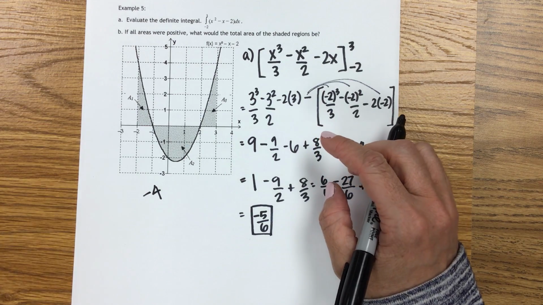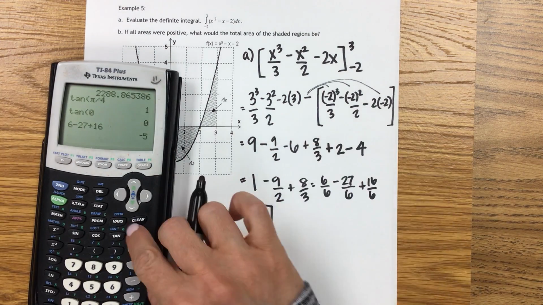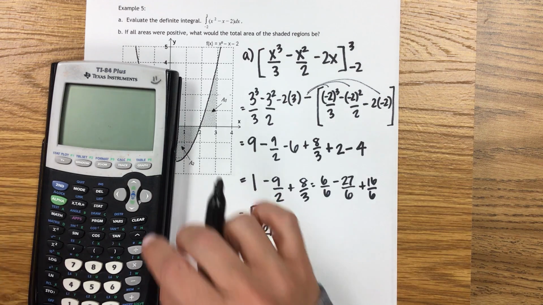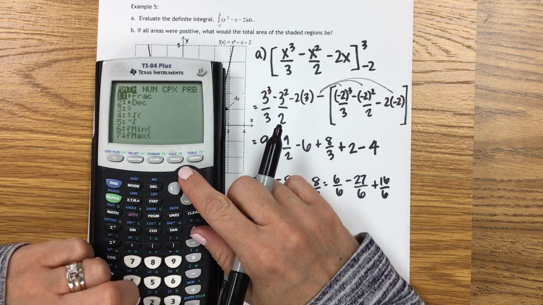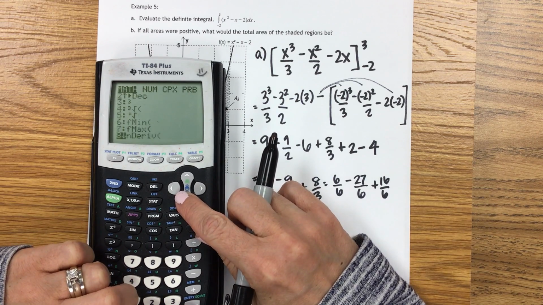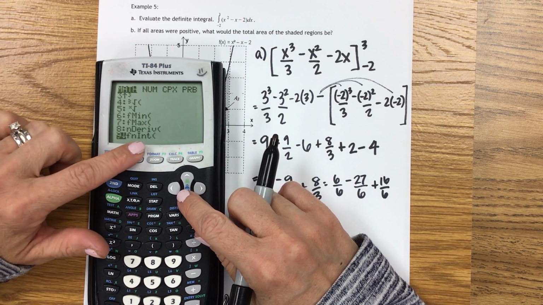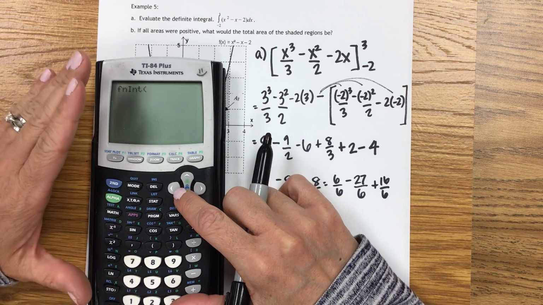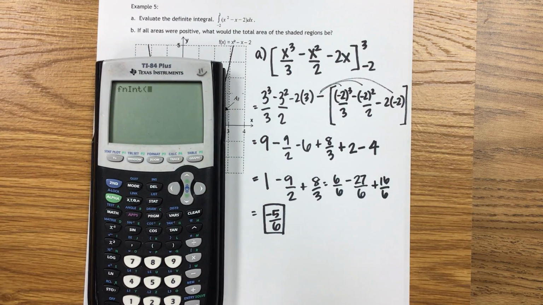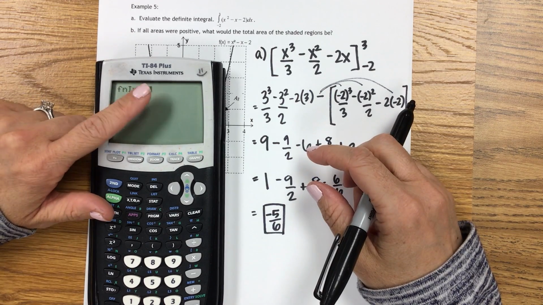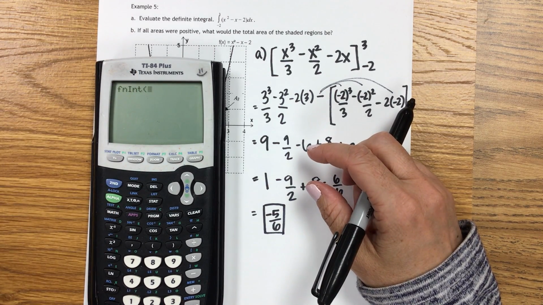One other way to check is your calculator will do definite integrals for you, and I'll show you how to do that. If you go to math and go down until you find FN int for integral, my calculator might be older than yours, so you might have a different way to plug it in. But here, if you have this version, I'm going to plug in 4 things.